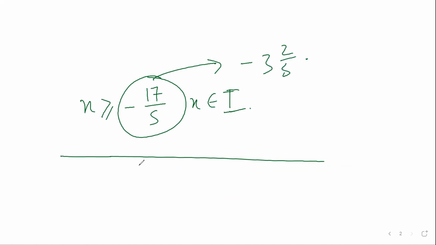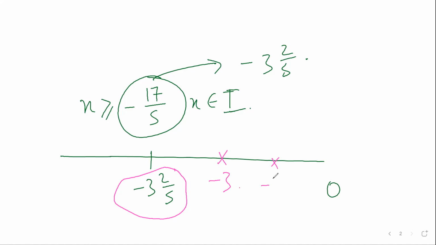If this is minus 3 2 by 5, and 0 is this side, would minus 3 be on the left side or the right side? Minus 3 would be on the right side. This would be minus 2, this would be minus 1, this would be 0. So the first element of the solution set would be minus 3.